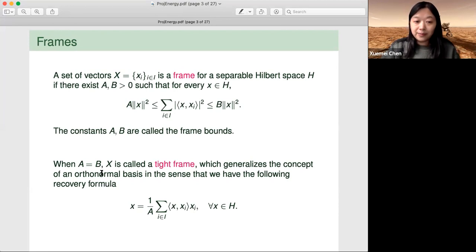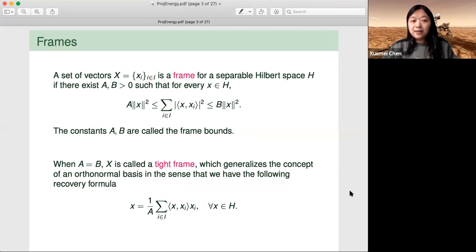If the bounds are equal, then it's called a tight frame. Typically a tight frame is a pretty desired frame, and then you would have this nice Parseval kind of identity to recover your vector from these coefficients, the inner products.